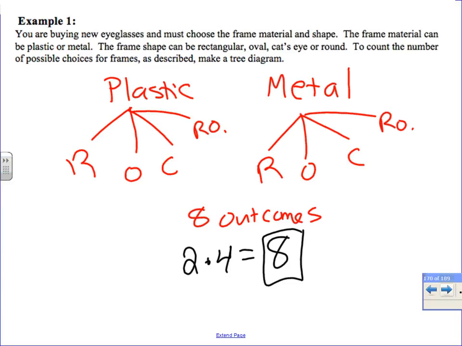That 2 times 4 is using the multiplication counting principle. You're just multiplying how many options there are. Now that only works if each type has the same amount of options. That whole card thing was weird because there were 6 red and 8 blue, whatever it was. It has to be consistent here. So that 2 times 4 still gives you 8 possible outcomes.